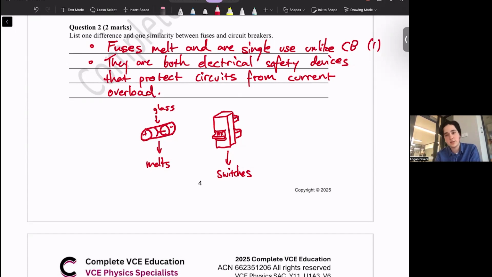They simply stop too much current going into the circuit. There's your second part. You might have a teacher that accepts they are both electrical safety devices, but I wouldn't push my luck too much on that. On to the next question.